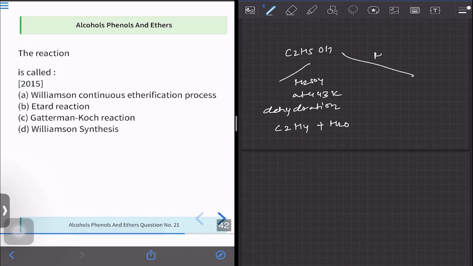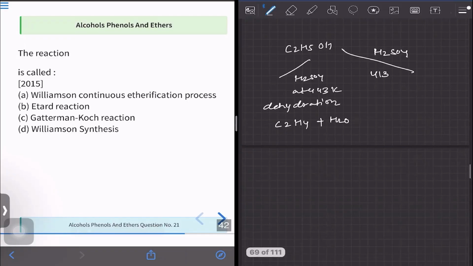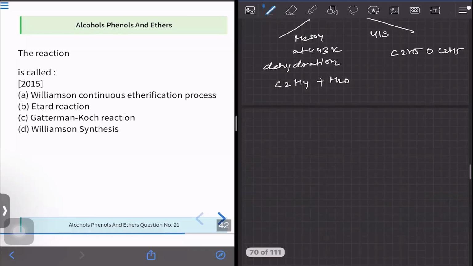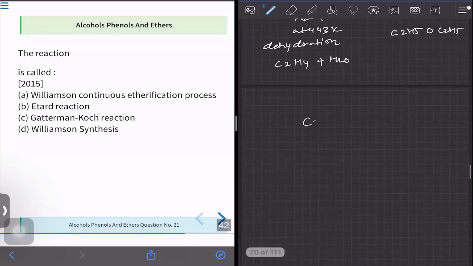The same ethanol, whenever it reacts with H2SO4 at low temperature, produces ether, that is C2H5OC2H5. So it is known as Williamson's continuous etherification reaction. See how it is formed.